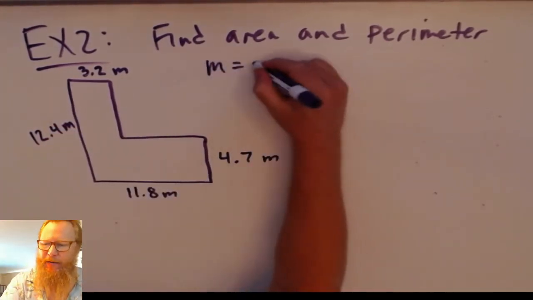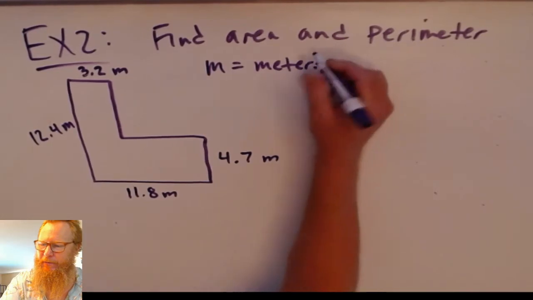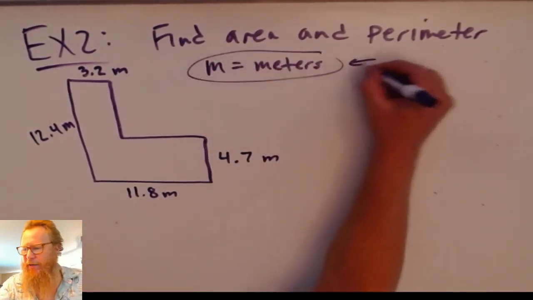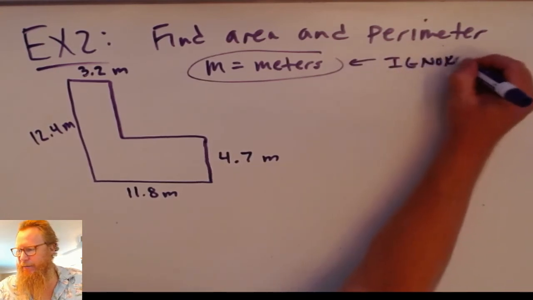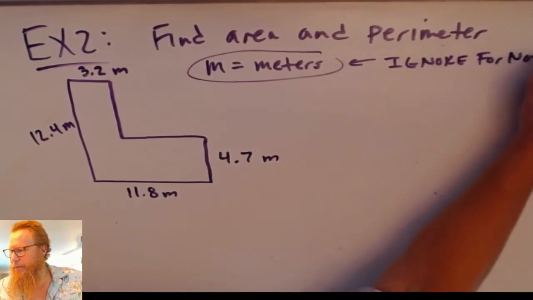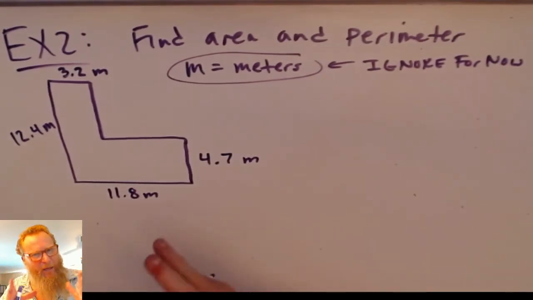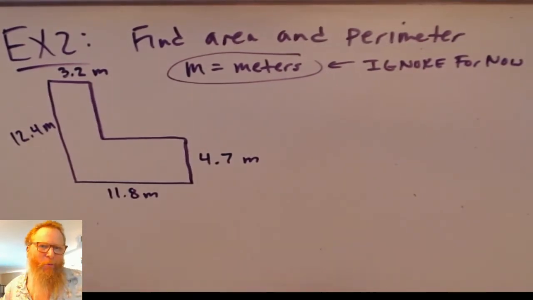So M is meters. You can actually ignore this until you're done. It's just noting that we're calculating this with a real life unit, a meter, which is a little bit more than 3 feet.